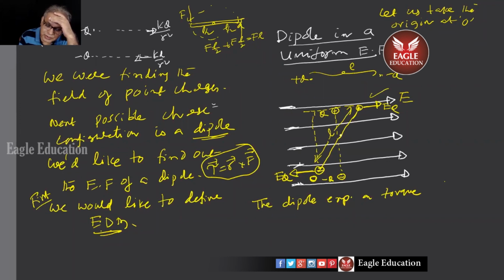Let us suppose this angle is theta. So this angle will be theta here. If this is theta, this distance will be what? L sine theta. Is it okay?